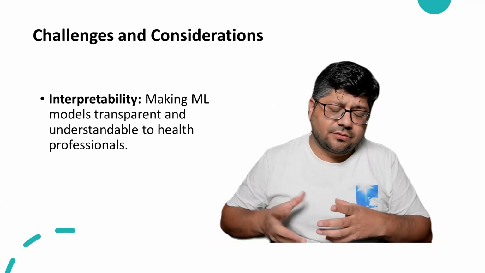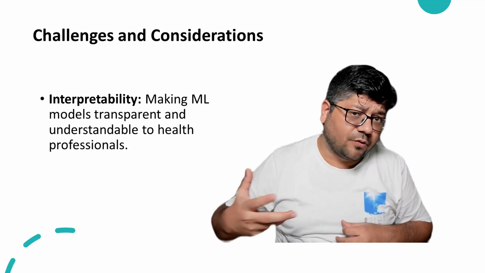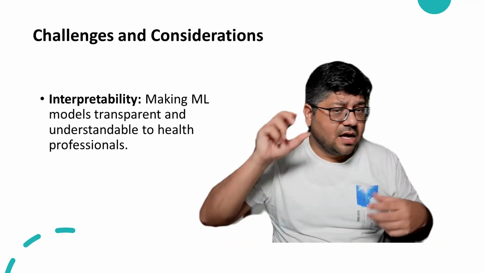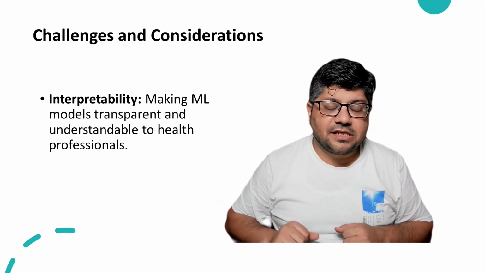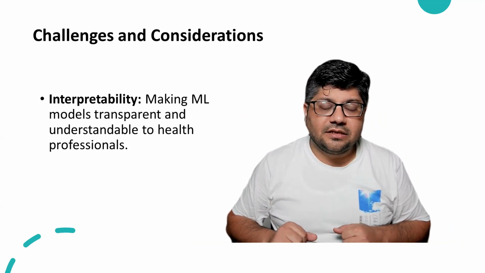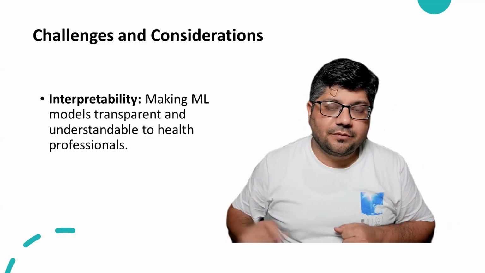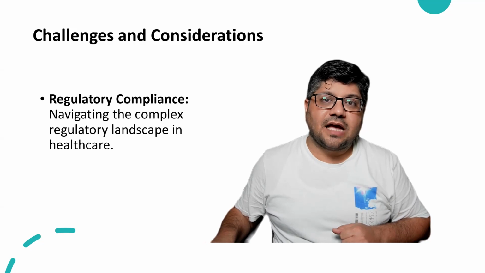But it is also important that healthcare professionals increase their vocabulary of how different models work. So some flexibility is needed from machine learning engineers, but at the same time, healthcare professionals, with this increasing utilization of artificial intelligence and machine learning in healthcare, have to improve their vocabulary of different terms and concepts related to artificial intelligence and machine learning to make this happen.